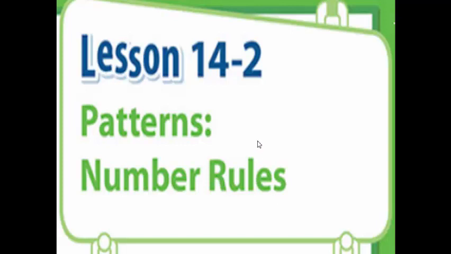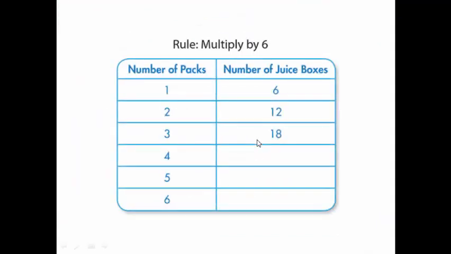So let's go right now with this example. We have the rule, as we learned from the last session. This rule says multiply by 6. Here we have the number of bags and the number of juice boxes.